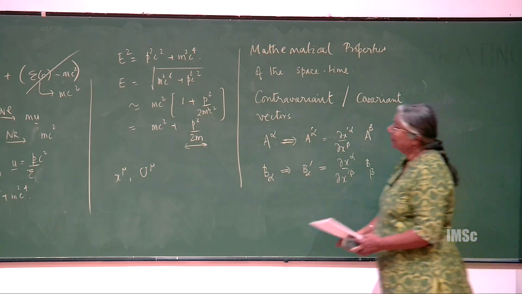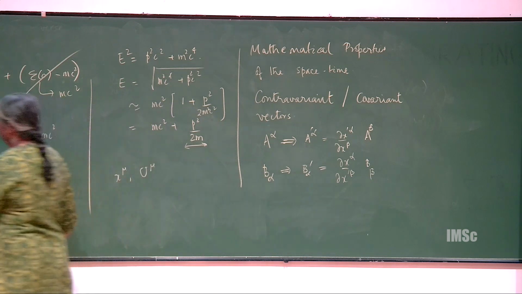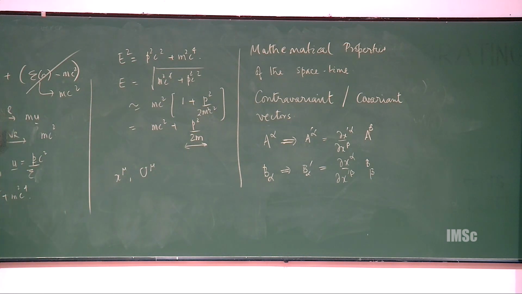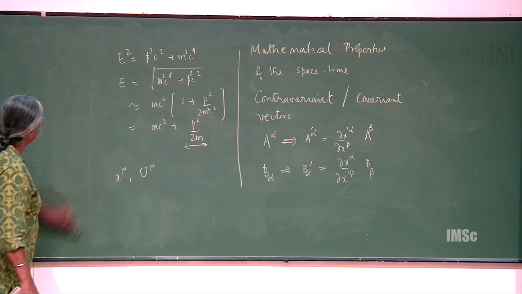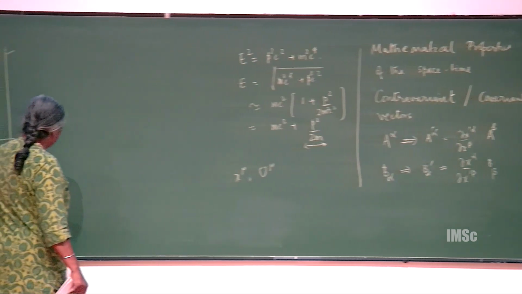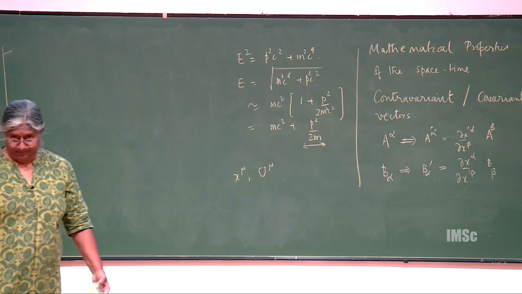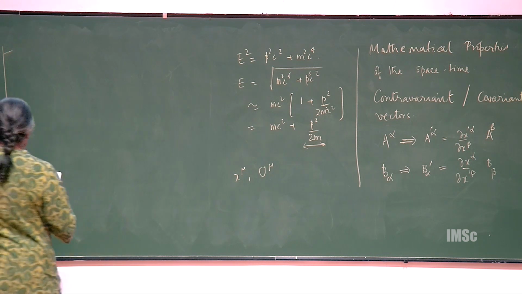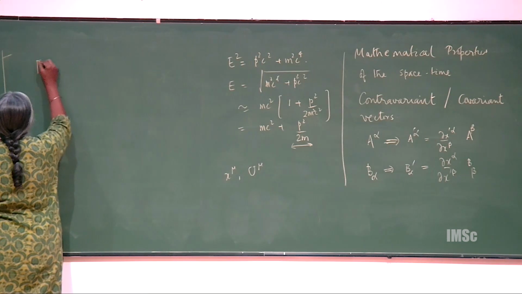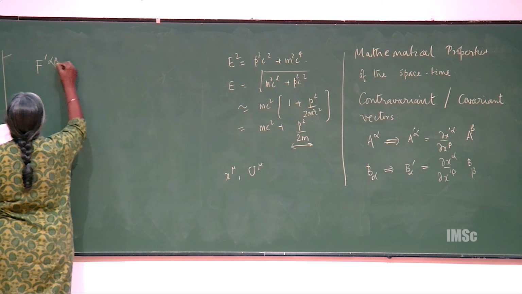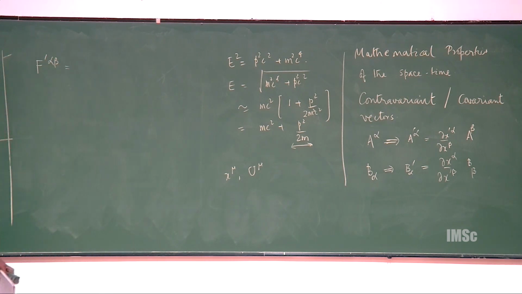Fine. Now you can write many more things. Once you have a vector, all mathematicians will know that you will also have a tensor, right? So what will a tensor have? It will have two indices, right? A tensor will have two indices. So I will write a contravariant second rank tensor called f alpha beta. Now who can tell me its transformation?